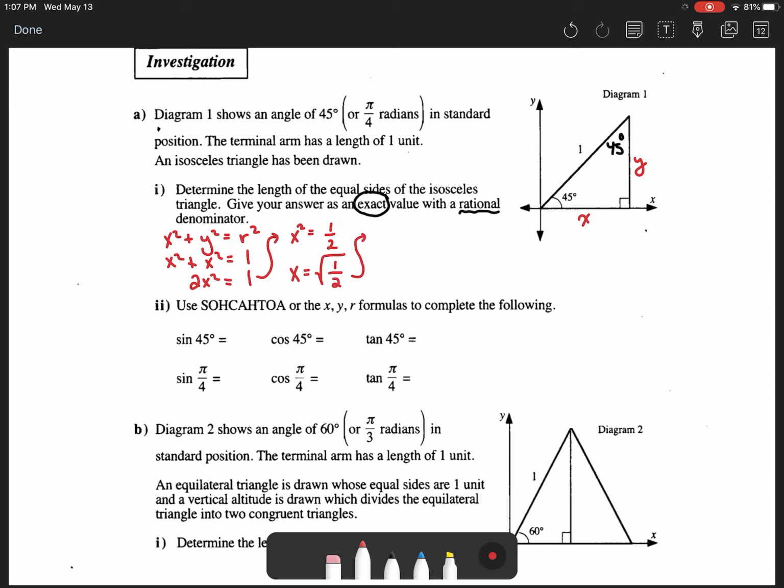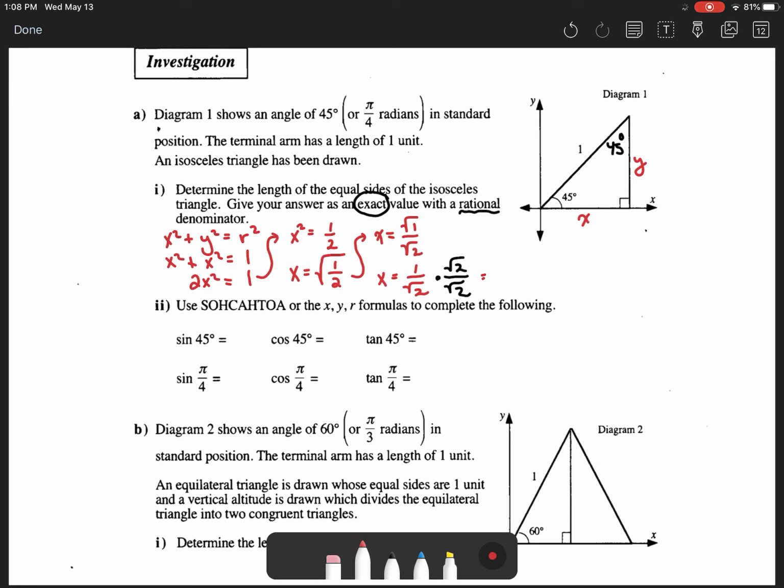Now going back to what we know about radicals and even from Math 10, this is the same as saying the root of 1 all over the root of 2, which is 1 over root 2. So there's a good calculation. But because of that part where they say we need a rational denominator, I have to rationalize the denominator by multiplying both the numerator and denominator by root 2.